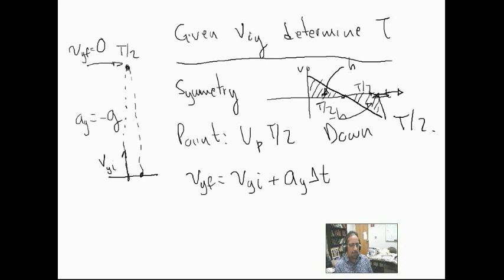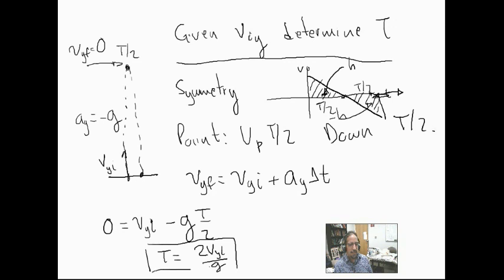So you have 0 equals v y initial minus g times the time interval t over 2. So then the time is equal to 2 v y initial over g. This is my time to go to the ground.